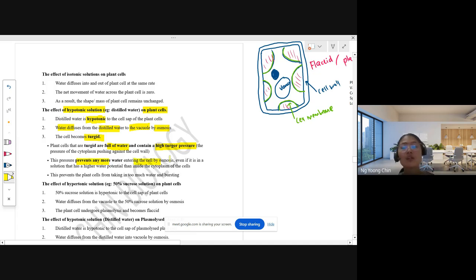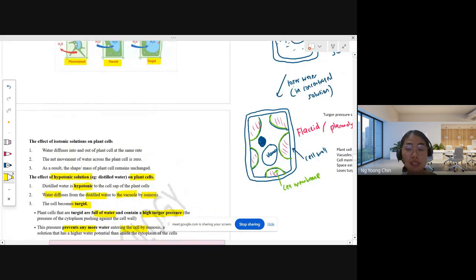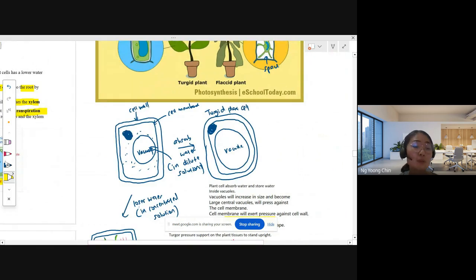One thing you need to be aware of is that plant cells get the water, but they will not burst or rupture, even if an excessive amount of water enters. Why do they not burst?